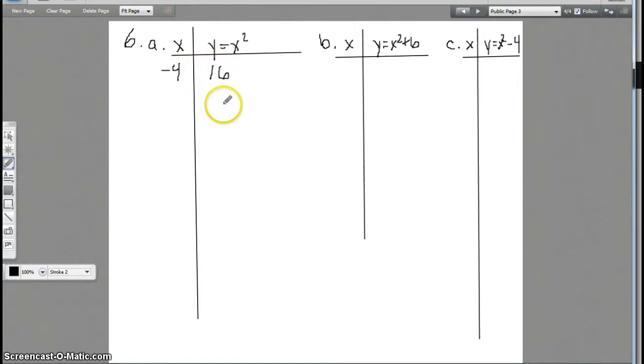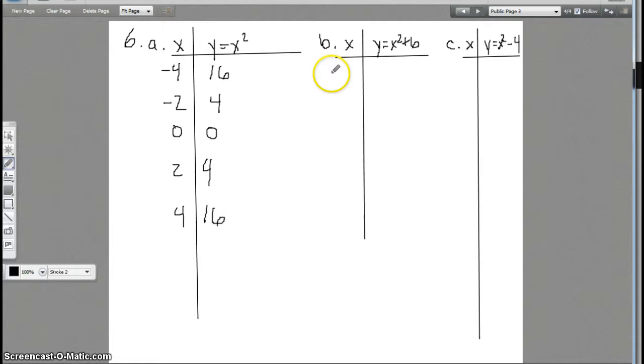Remember, when you square a negative number, you get a positive number. Then I'm going to do negative 2. Negative 2 squared is 4. 0 squared is 0. 2 squared is 4. And then 4 squared is 16.